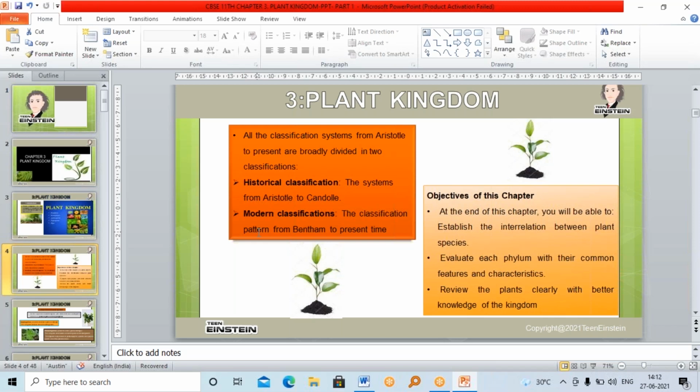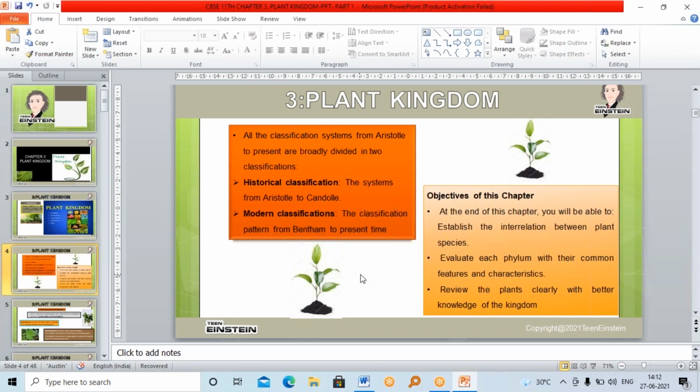From that to the present, we have divided classification into two types: historical classification and modern classification. Historical classification is the system from Aristotle to Candolle. Then modern classification is the classification pattern from Bentham and Hooker's classification to the present one which we are following.